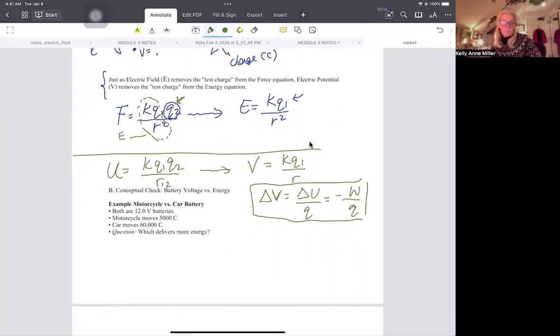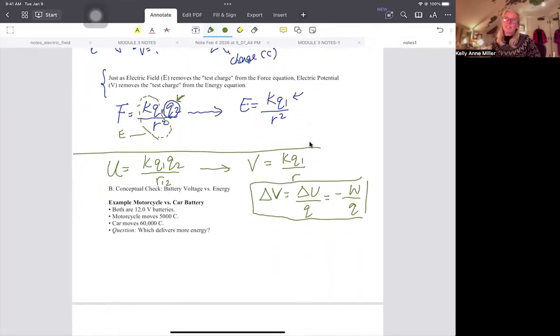It's confusing in everyday language because you'll often run across a case where you've got a 12-volt battery, and it's very easy in everyday language to conflate potential with potential energy because they have almost the same name, but they're very different.